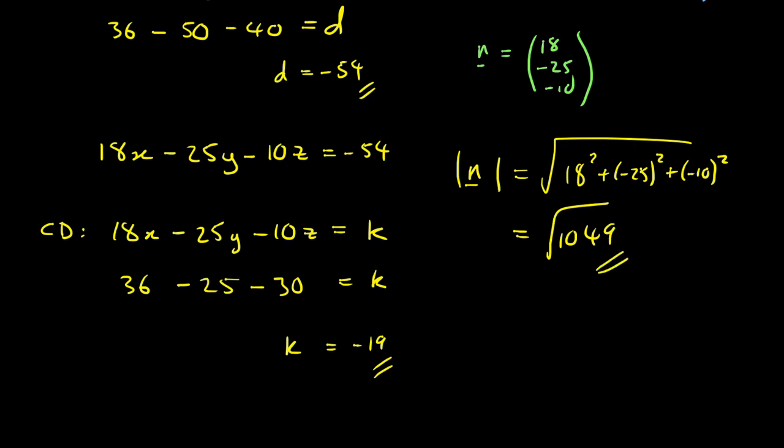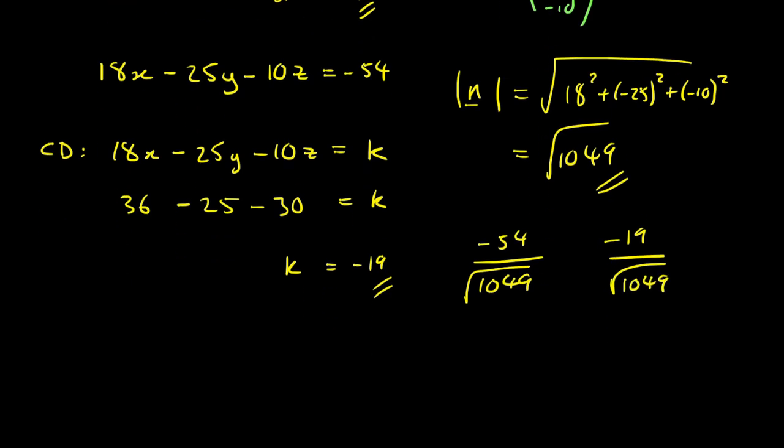Okay, so the shortest distance of this plane to the origin is going to be negative 54 over the square root of 1049. And what's this one going to be? It's going to be negative 19 over the square root of 1049.